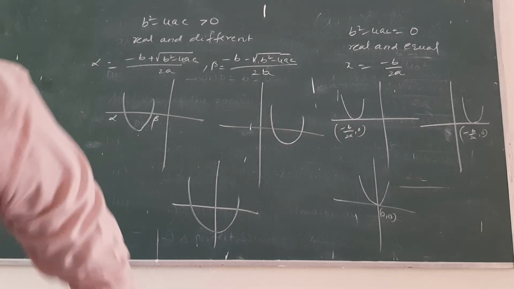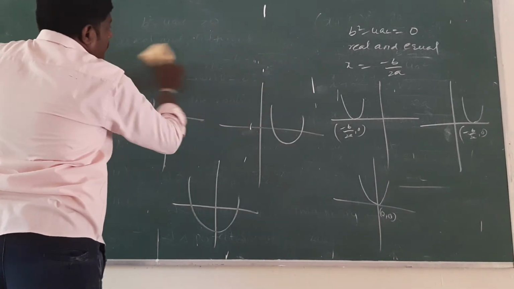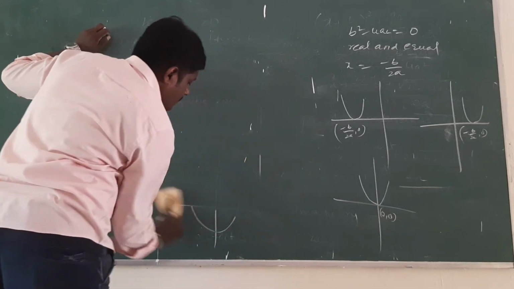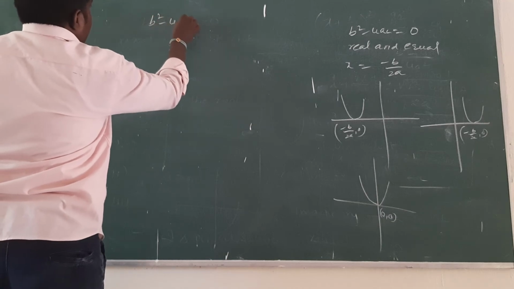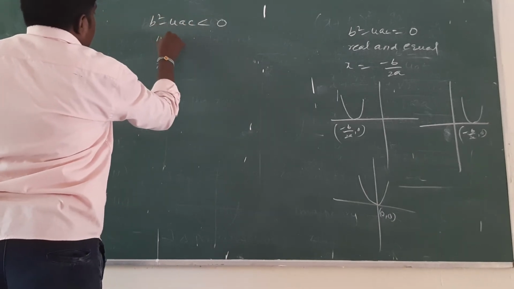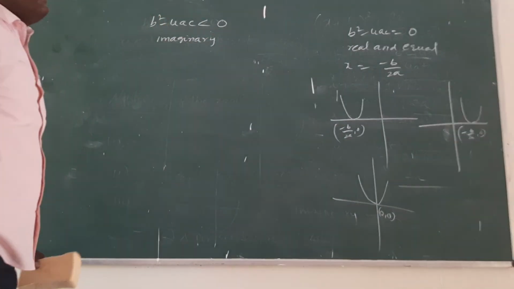If the discriminant value is less than 0, that means b square minus 4ac is less than 0, the roots are imaginary.